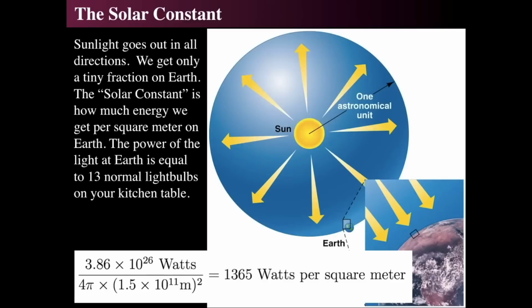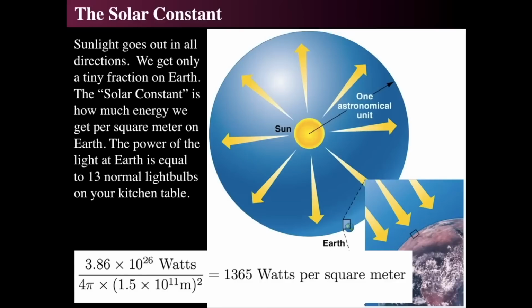And that's equivalent to 13 normal light bulbs on a kitchen table. A standard work desk is about a square meter. So imagine you take 13 100-watt light bulbs and put them on your kitchen table, and then put your face right next to all those things.